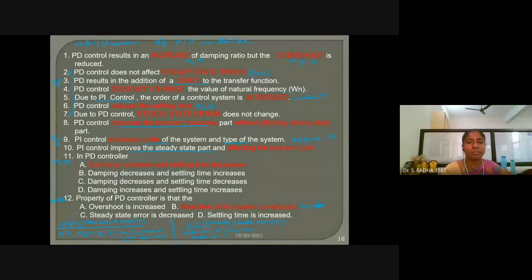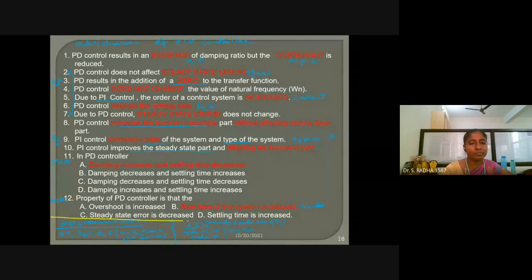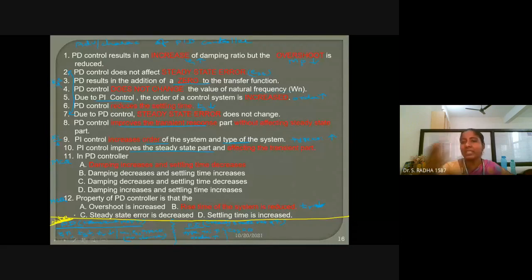You can remember only these points that I have written at the bottom. I have listed all the discussion together. If PID is there, you can put the advantages together. PD and PI together we can put. PD means adding a 0, PI means adding a pole.